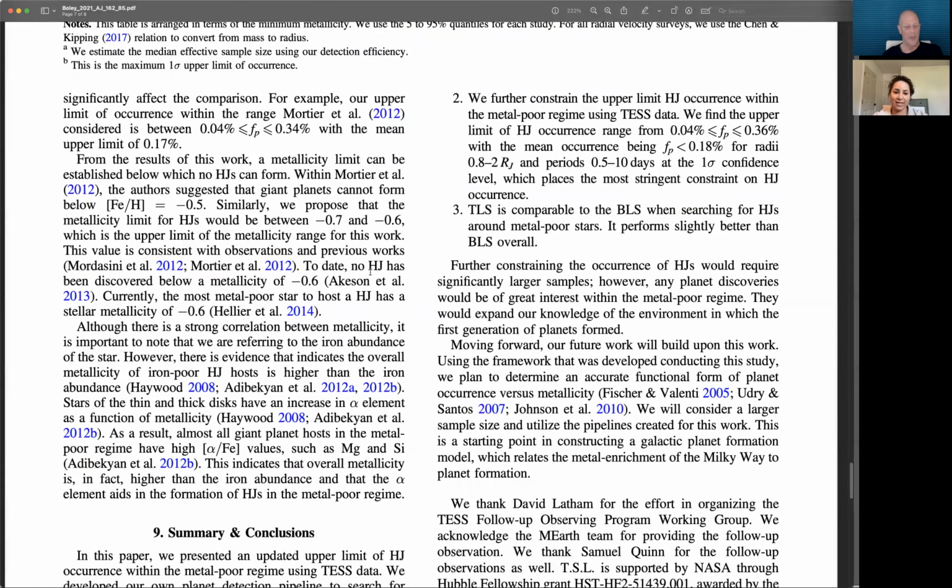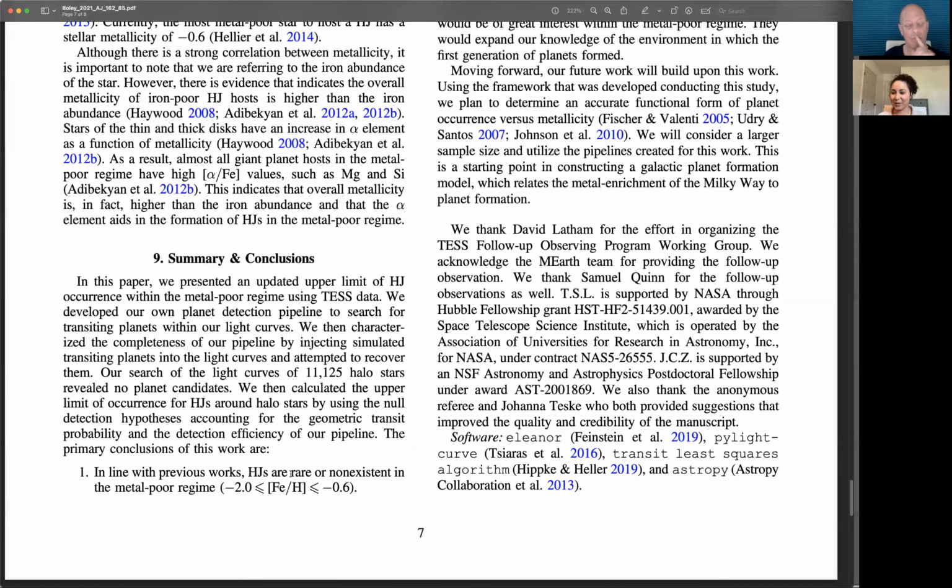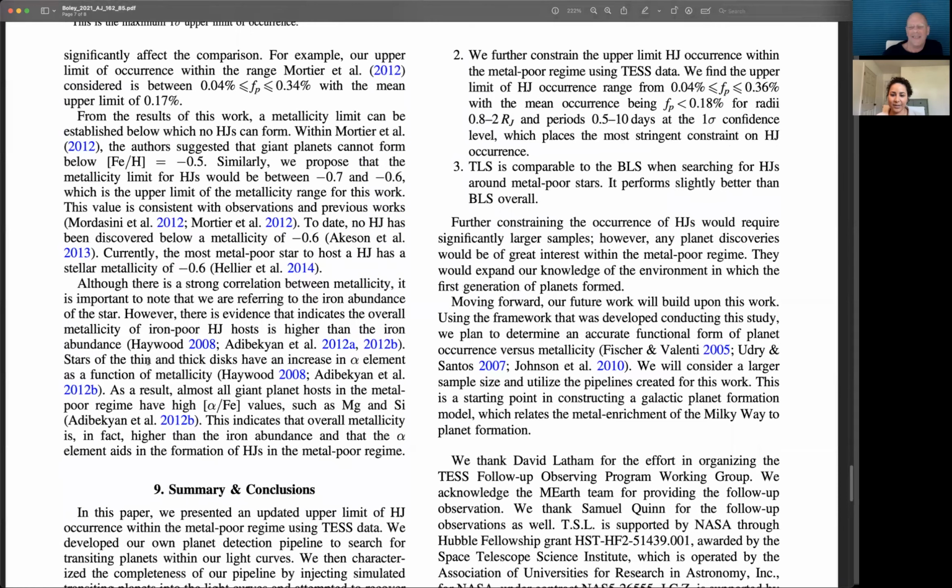But basically what we found here in our paper was that, in line with previous works, it's not a super drastic or flashy conclusion, but it's science. We expect that the upper limit of planet occurrence rates for hot Jupiters in this regime is less than 0.18%.